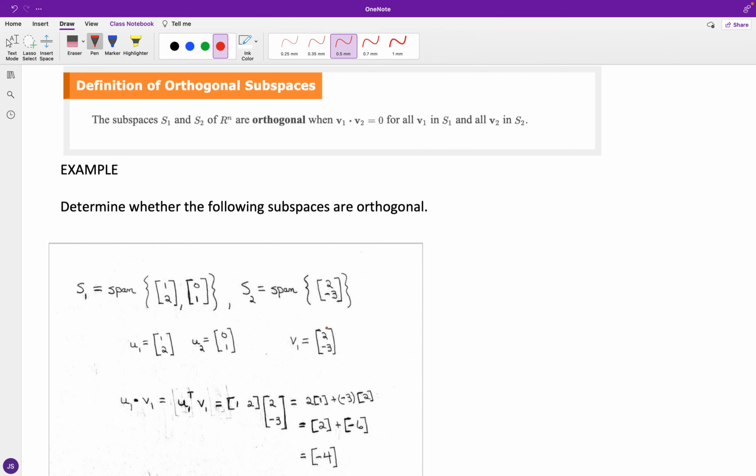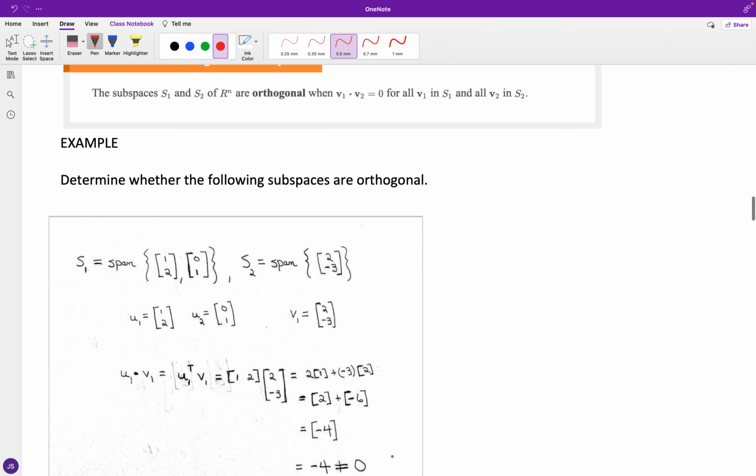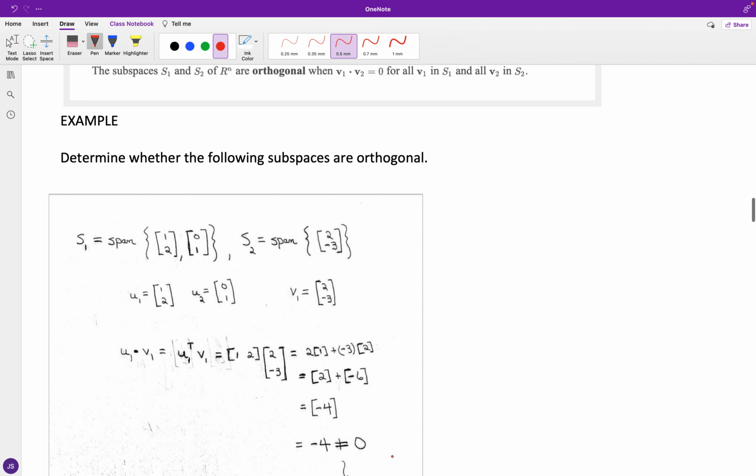If we take the dot product between u sub 1 and v sub 1, that translates to taking the transpose of u sub 1 and multiplying by v sub 1. The transpose of 1 and 2 in column formation is just 1, 2 in row formation, and multiplying by v sub 1, you have 1 times 2 plus 2 times negative 3, which is 2 plus negative 6, equal to negative 4.